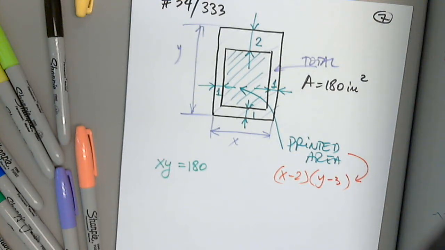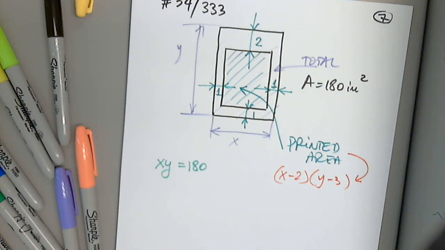We denoted this by X. Is this clear that this is X minus 2? So this is X, and I remove 1 inch, and I remove another inch, and I have X minus 2. Better? And the same thing with the Y. We have 2 at the top and 1 at the bottom.